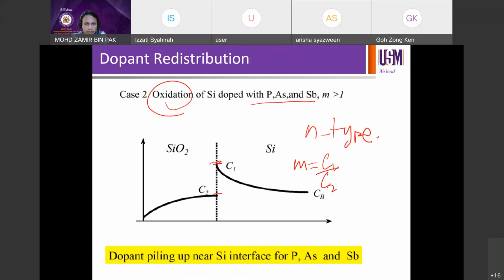Silicon is higher than oxide, so that's probably 10 over 5, for example. Therefore M is more than 1. So the dopant piles up near the silicon interface. In this case, phosphorus, for example, migrates into silicon and piles up near the silicon interface for N-type dopants, leading to M more than 1.